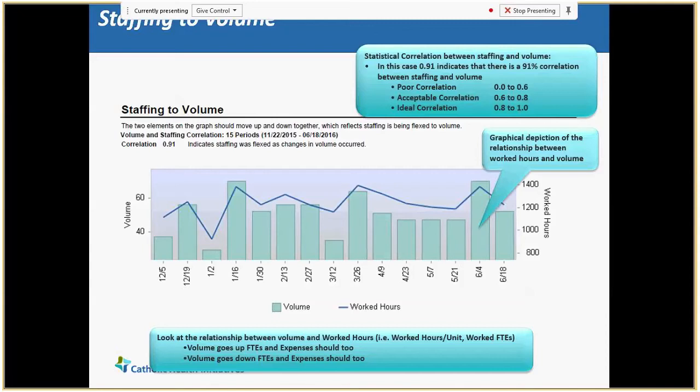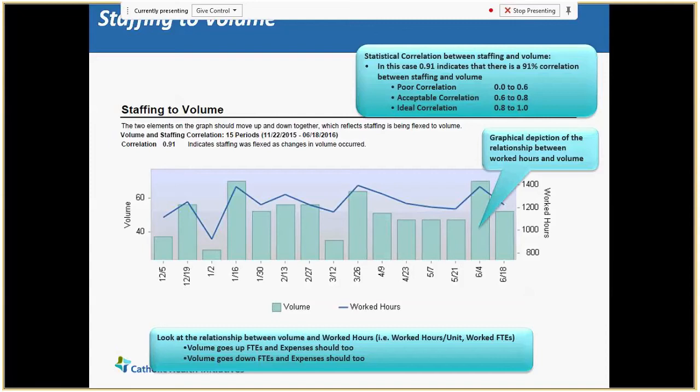If you're at a +1, that means there's a perfect correlation. In other words, as your volume goes down, your hours are going down in a similar manner. If you're moving more towards a -1.0, that means your hours and volumes are moving in opposite directions. They have an inverse relationship.